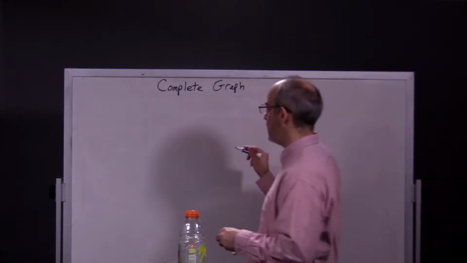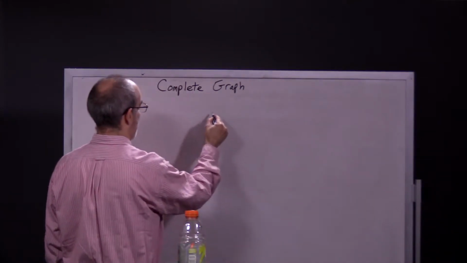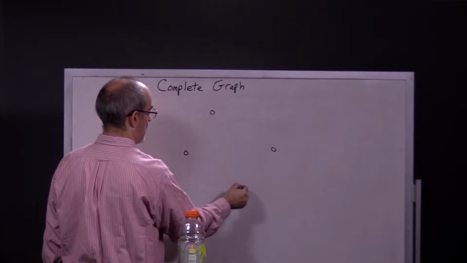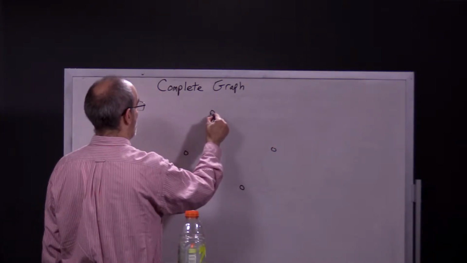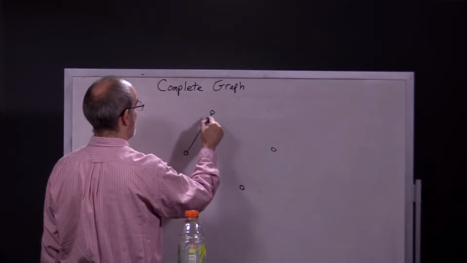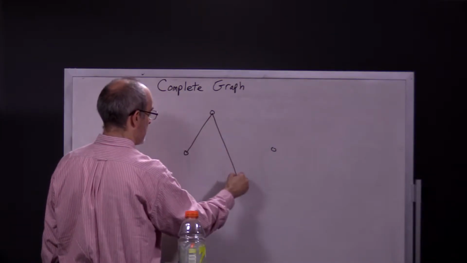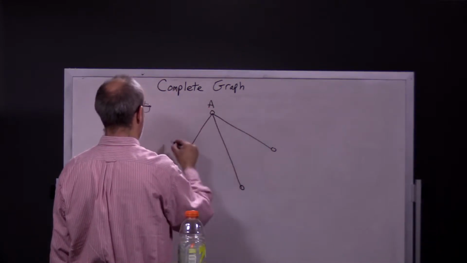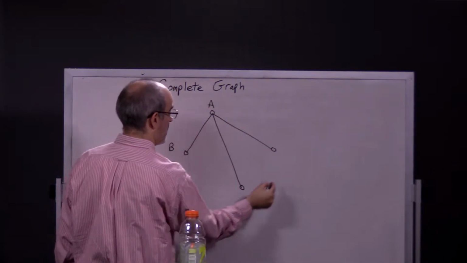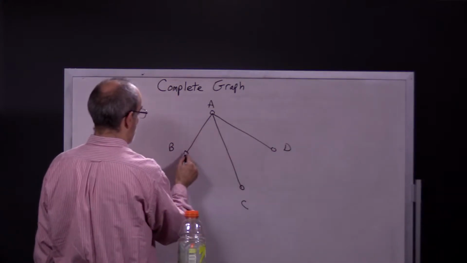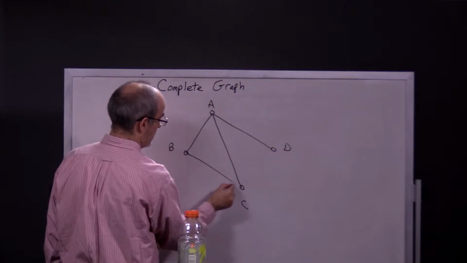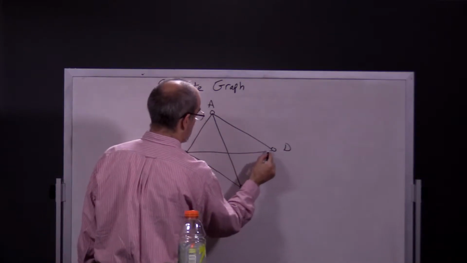So I'm going to draw a complete graph that has 4 vertices. So we have an edge going from that vertex to that vertex, this vertex to that vertex, this vertex to that vertex. Let me label these. So this vertex has an edge going to that vertex, this vertex, and that vertex.